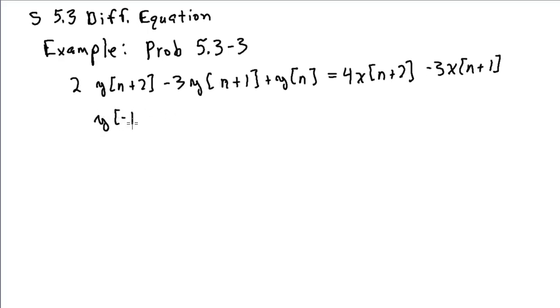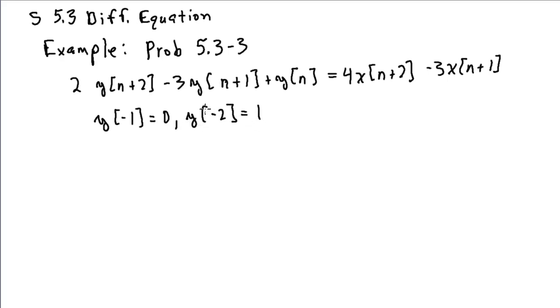Y of minus 1 is equal to 0, and initial conditions for difference equations are, instead of derivatives, which we don't have for discrete time signals, the initial conditions for a second order system are typically given at y of minus 1 and y of minus 2.